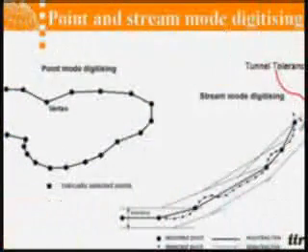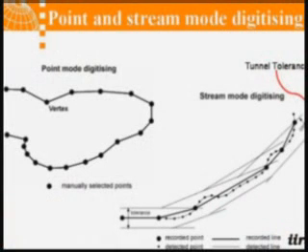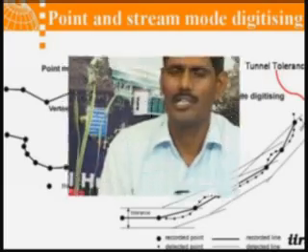So you are removing the additional nodes which are created in this stream mode of digitization. This is the detected points and recorded line. This is the final recorded line. These are the points and lines which are created but not required, which can be removed. That means smoothing those lines.